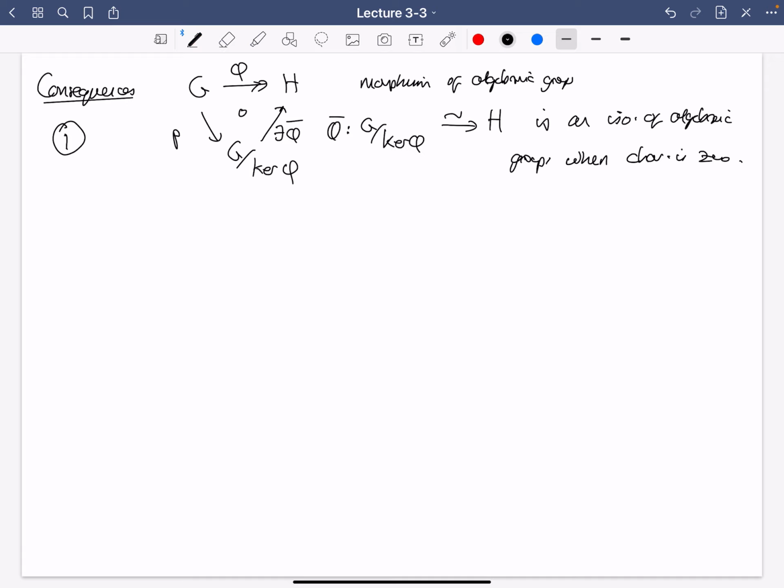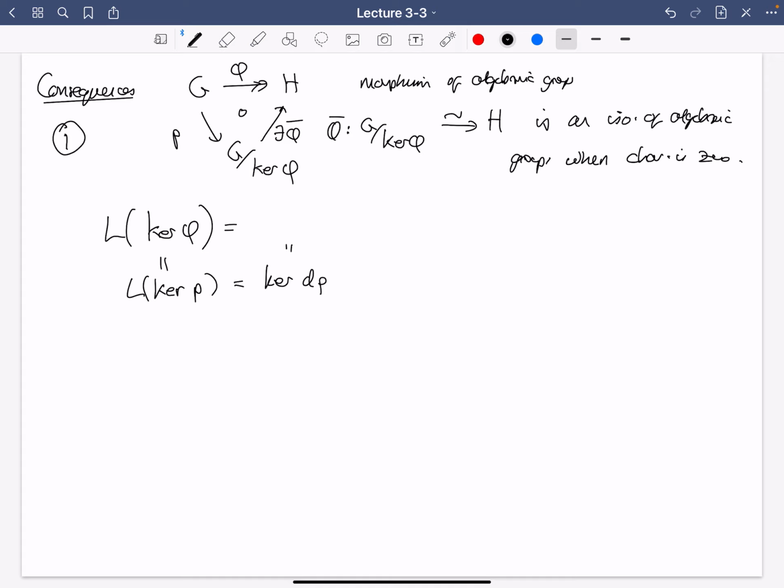So if I look in this picture and I look at the kernel of phi, so that's this closed normal subgroup in this case, the Lie algebra of the kernel of this morphism of algebraic groups, because of this diagram commuting, is exactly the same thing as the Lie algebra of the kernel of this quotient map P, and that's the same as the kernel of the differential of P here.